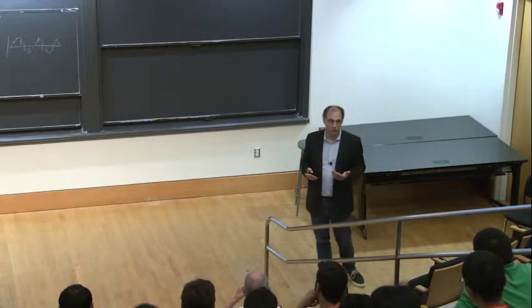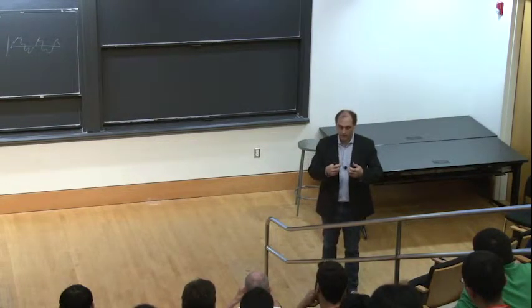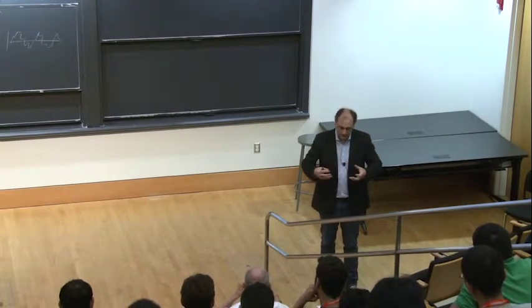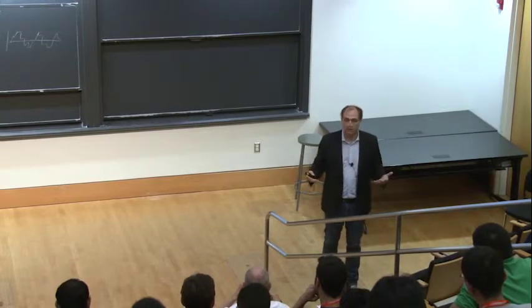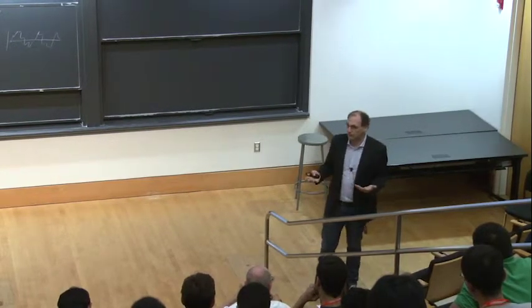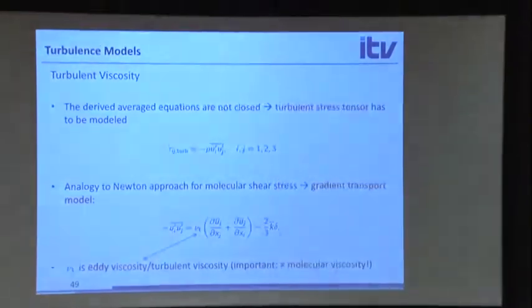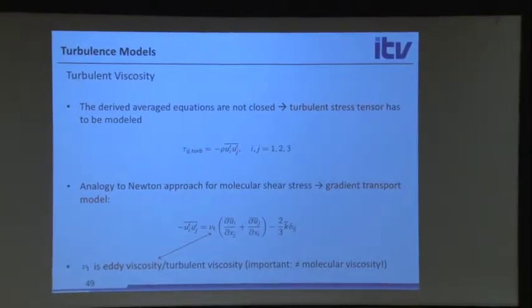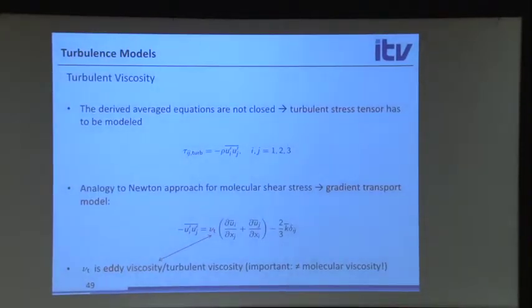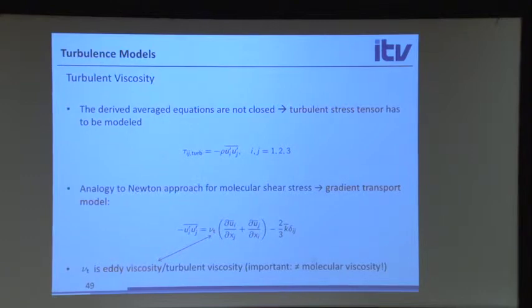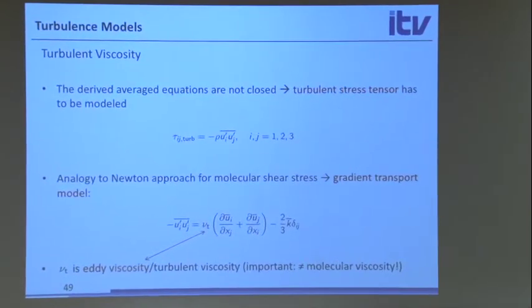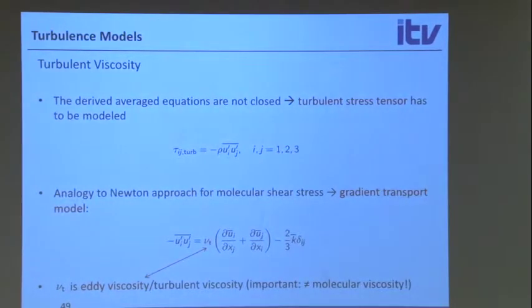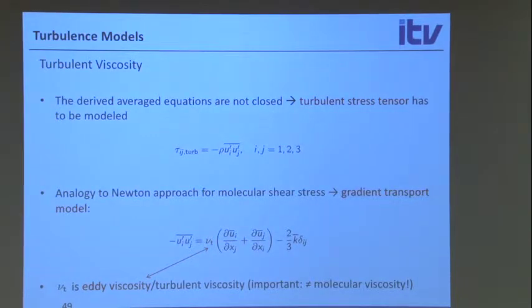And we know the turbulence has this effect of distributing momentum very, very fast. So the easiest way is to say, why don't we model it in exactly the same way? The viscous stress is equal to the kinematic viscosity times the strain. So why don't we do the exact same thing?